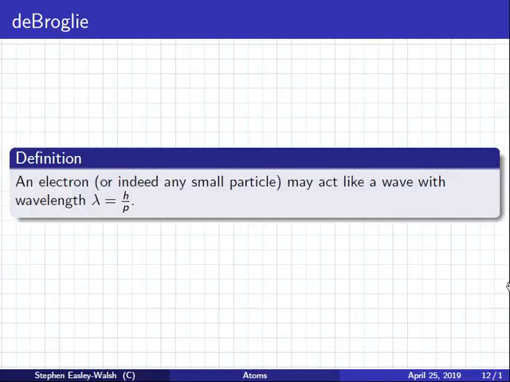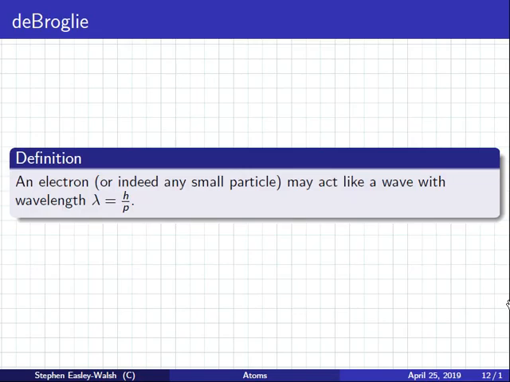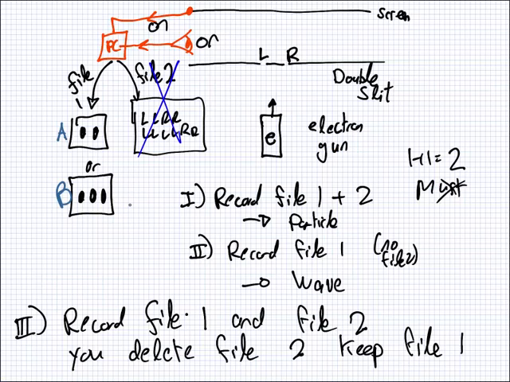This was discovered roughly 100 years ago. An electron or any small particle may act like a wave, and you can calculate its wavelength. Its wavelength will be h over p. Does anyone remember what small p is? Small p is momentum, mv.